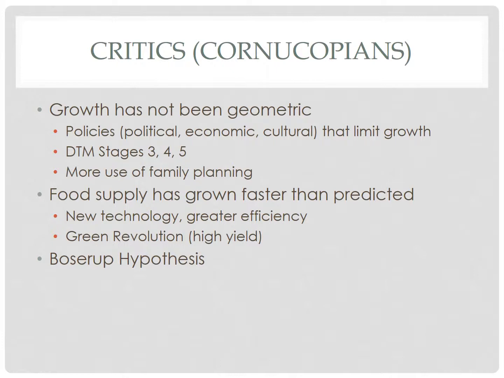And then one person that I think is really important to mention is Esther Boserup. Esther Boserup was a Danish economist who wrote a book called The Conditions of Agricultural Growth. Essentially what she argued in this book was that as population grows, we change the way that we do things to support that. All right? There are a couple different ways that we could look at this. One that she really argued is that as population grows, we become more intensive in terms of agriculture.